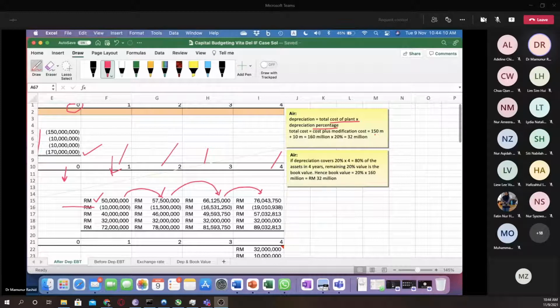The total cost is, you see now, 150 million is the basic cost plus 10 million is the modification cost. So they have added 10 million because this plant includes a machine where the modification of the machine will be included in depreciation. So this plant includes a pure machine. Sometimes your plant may include machine plus other things, maybe land, or other non-physical, non-fixed assets.